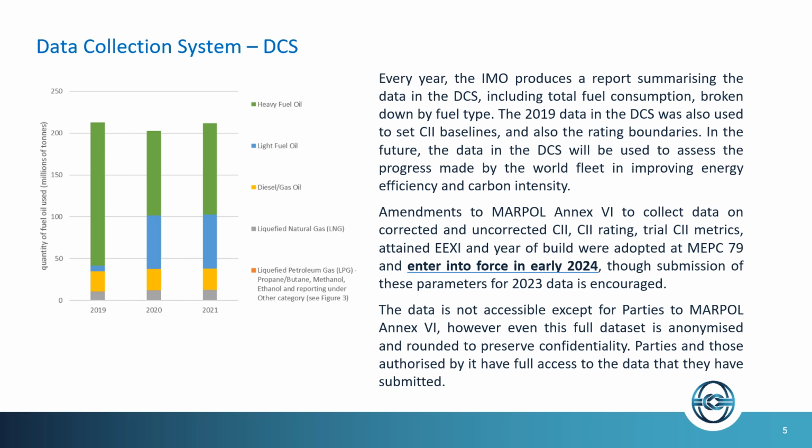The data is not accessible except for parties to MARPOL Annex VI. However, even this full dataset is anonymized and rounded to preserve confidentiality. Parties and those authorized by it have full access to the data that they have submitted.